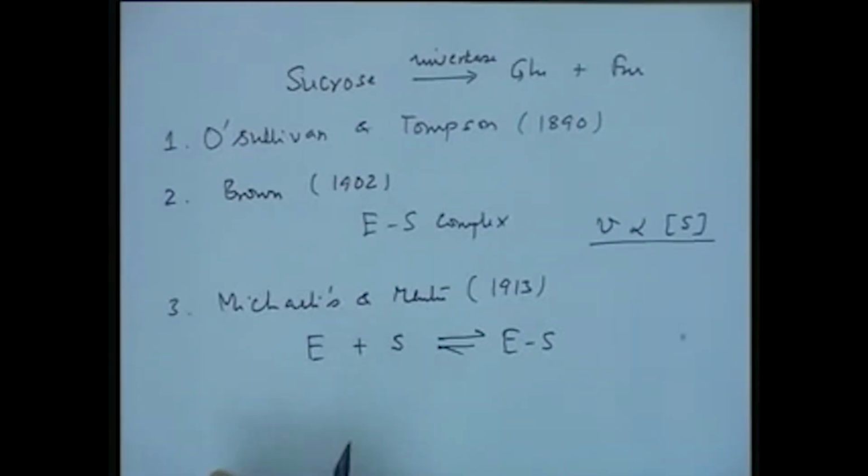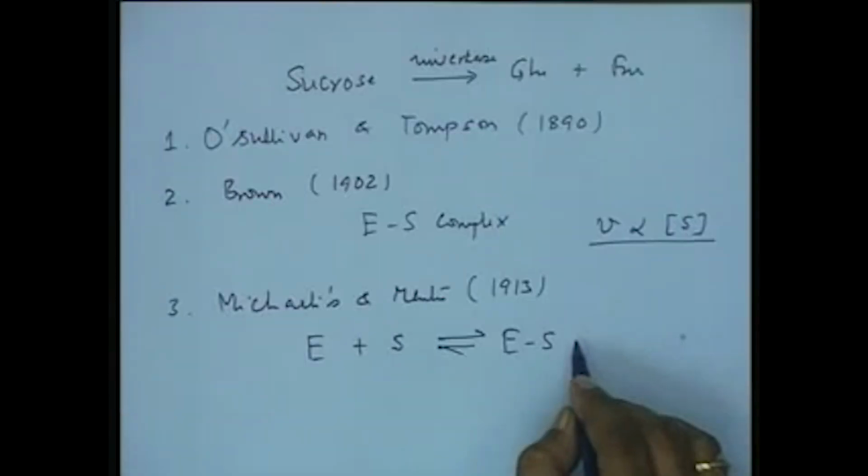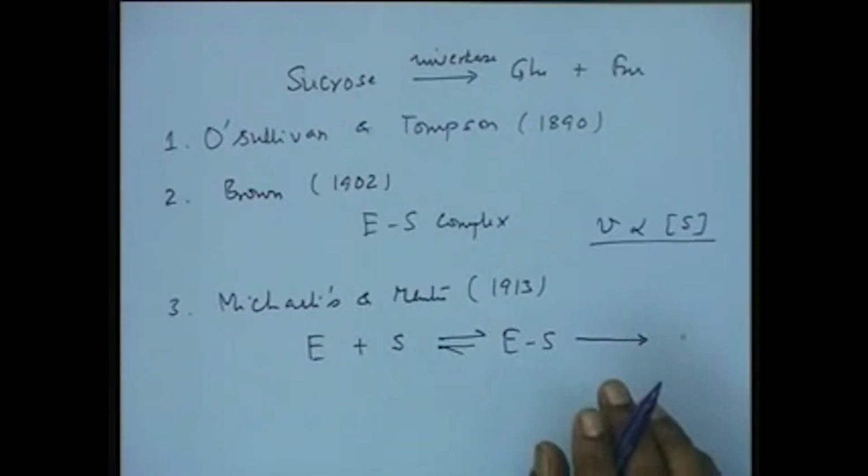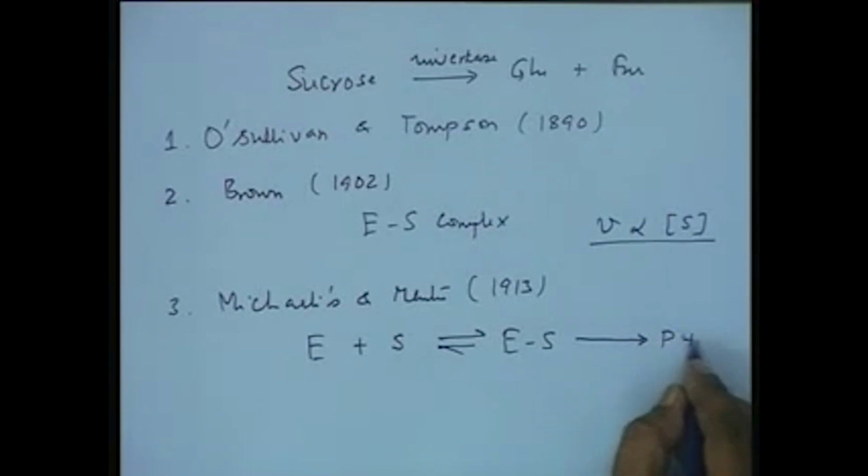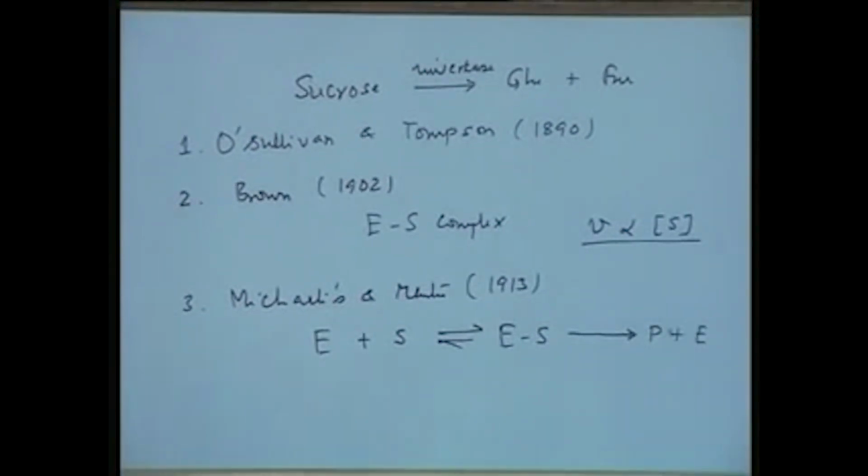And basically he was the first person to propose a mechanistic hypothesis followed by enzyme catalyzed reactions, that this enzyme substrate complex then breaks irreversibly to form the product and the enzyme is released back.